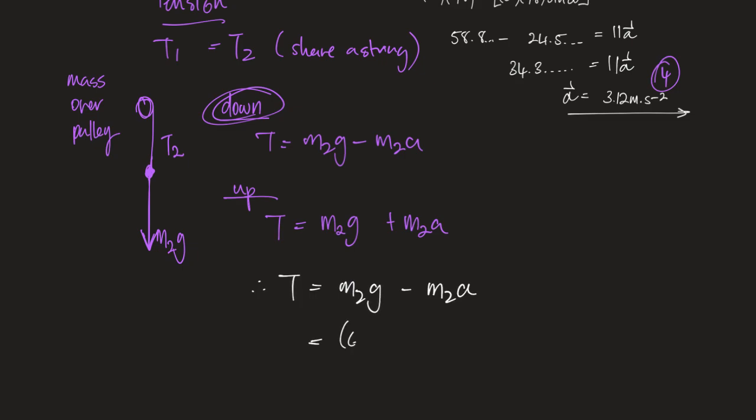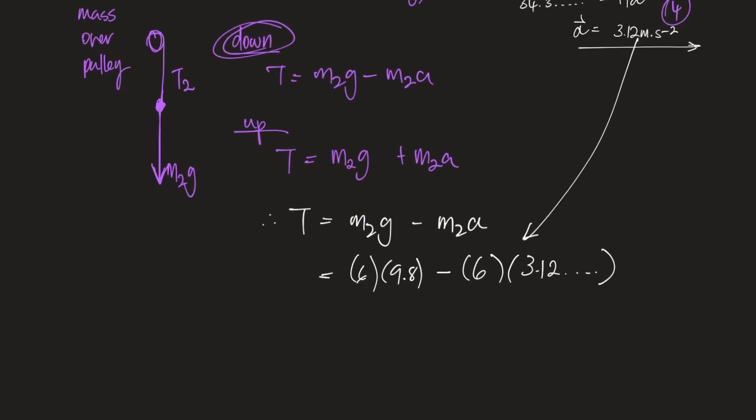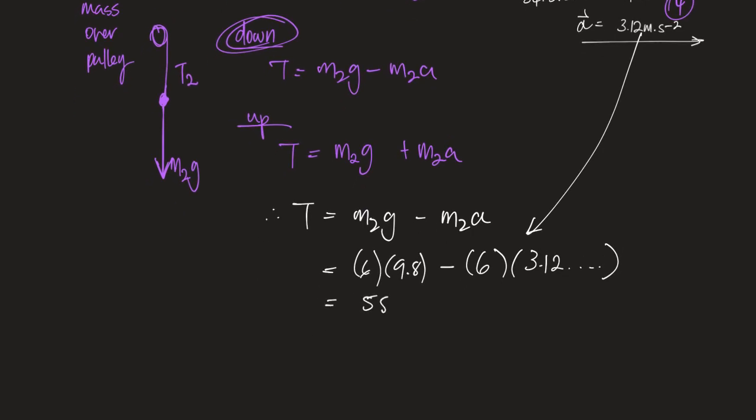M2 is 6 times 9.8 minus M2, which is 6, times acceleration, which is coming from there at 3.12, don't round it off, is equal to 58.8 minus 18.72, which then gives me 40.08 newtons. And that is the value of the tension.